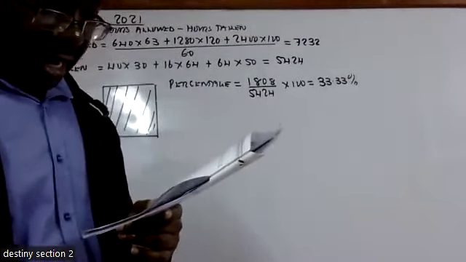That is grade 1. Hours taken is 40 times 30. So tell me 40 times 30 is what? 1,200.